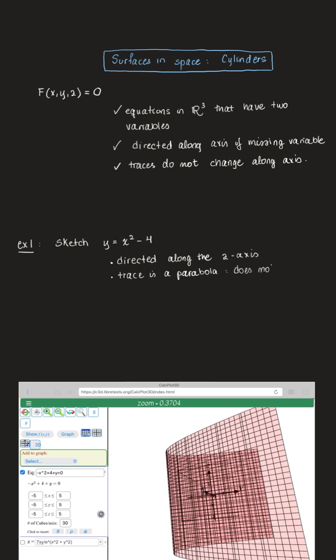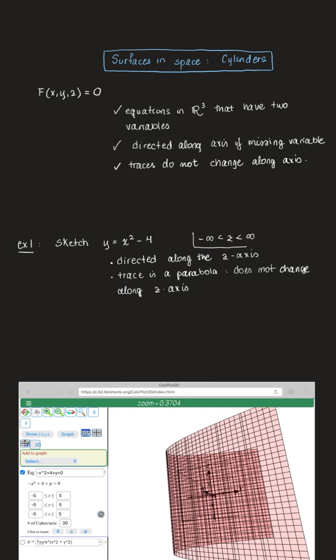Let's write that down. What's happening here is that we're specifying a rule between x and y, but z, because it's not there, can take on any values from negative infinity to infinity.